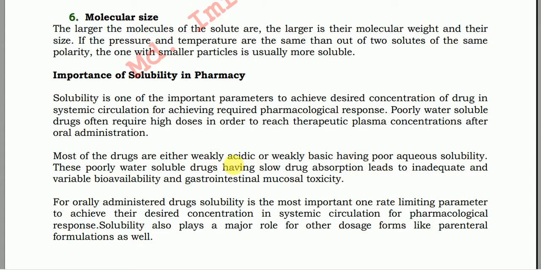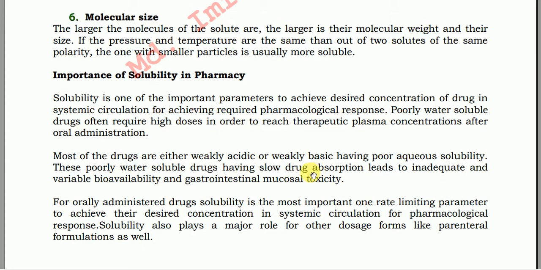If the drug is poorly soluble or sparingly soluble, then it will be dissolved in a small amount in the stomach, and the amount of drug that reaches the systemic circulation will also be small, and that will not produce the desired plasma concentration. And if the plasma concentration is not at the desired level, then the therapeutic action will be below the desired level, or there will be no therapeutic action.